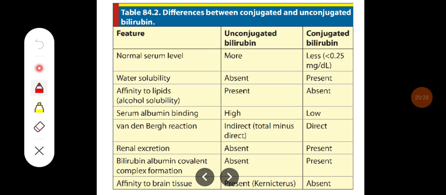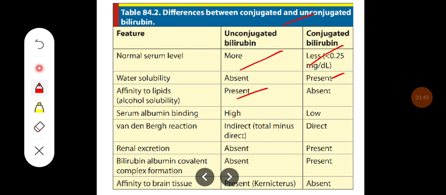So these are the differences between conjugated and unconjugated bilirubin. The normal unconjugated bilirubin is more than the conjugated. Conjugated bilirubin is water soluble, and unconjugated has more affinity towards lipids.